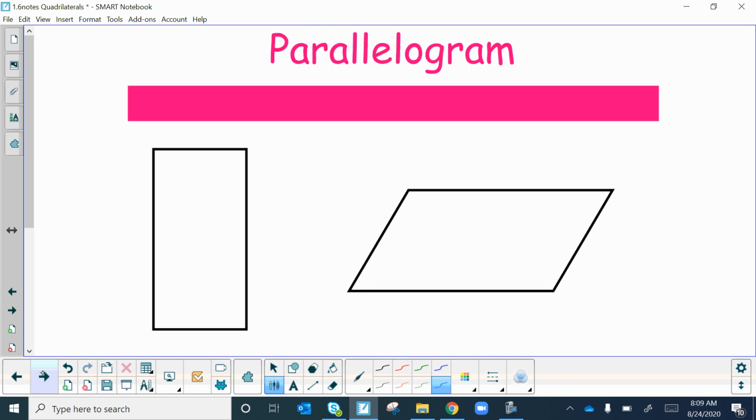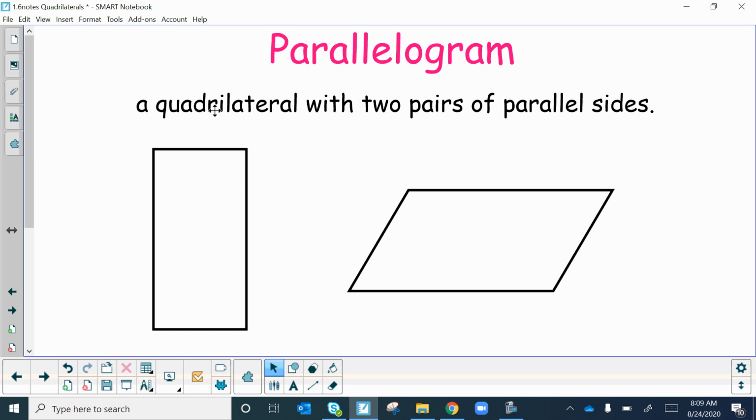The next special quadrilateral is the parallelogram. This is a quadrilateral with two pairs of parallel sides. So two pairs. These look like they're parallelograms, but they're not until you see the symbols that they are parallel.